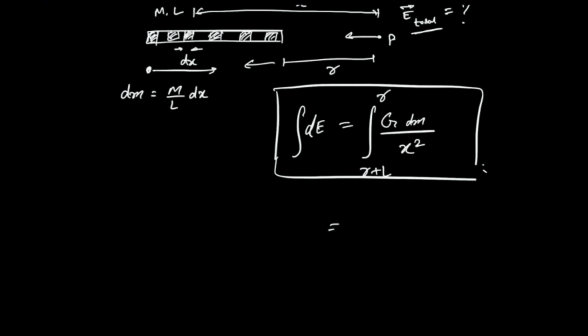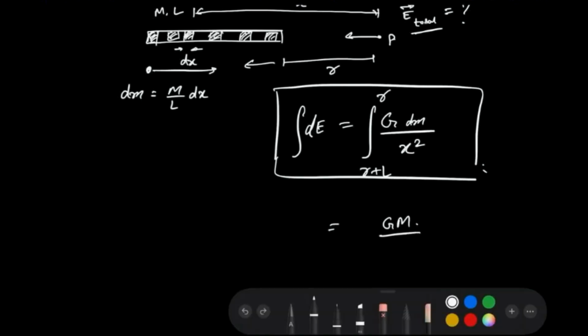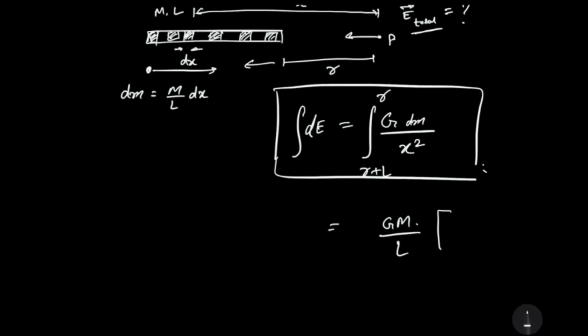You check this out. You are going to get Gm, I'm talking about the magnitude, upon L, Gm by L, and 1 by r minus 1 by, so the upper limit is r and the lower limit is L plus r.